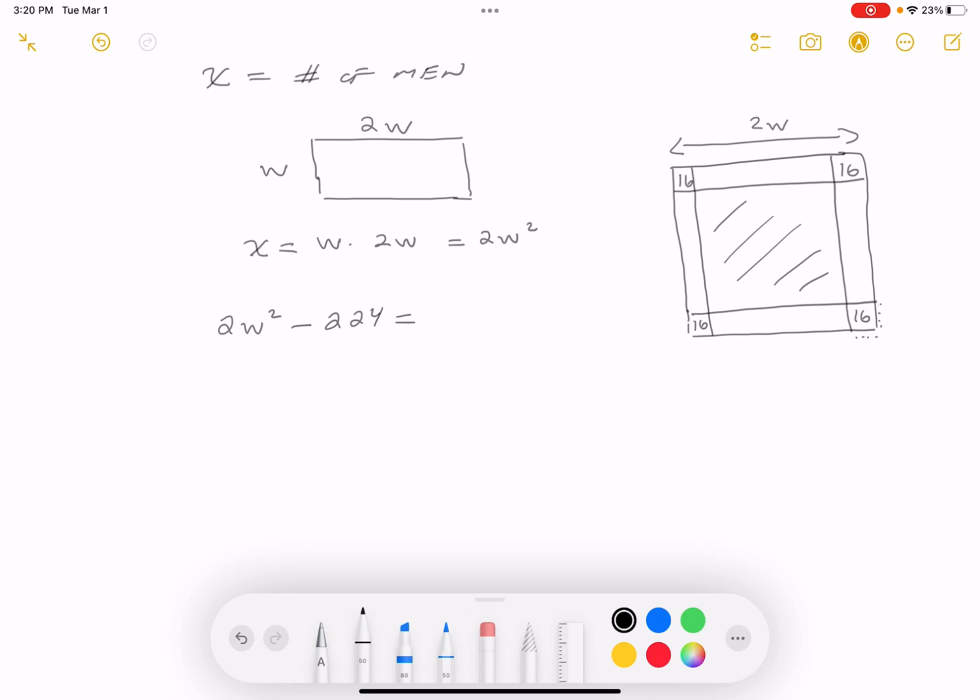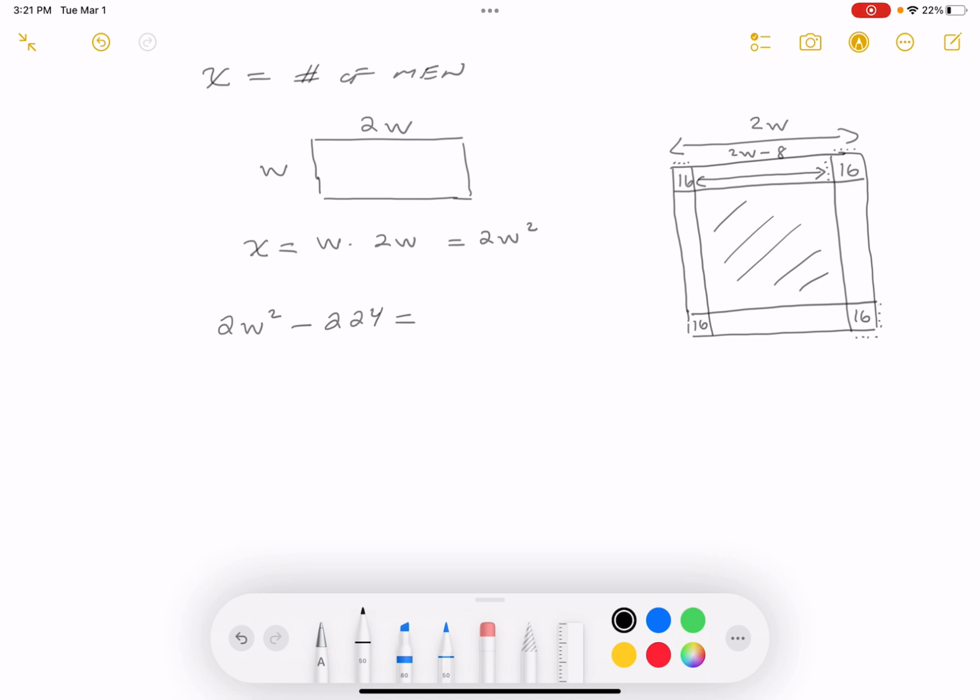So how many men would be here? Well, I hope you realize there's 4 men here, and 4 men here. So this has to be 2W minus 8 men. And what's the width of that? 1, 2, 3, 4.